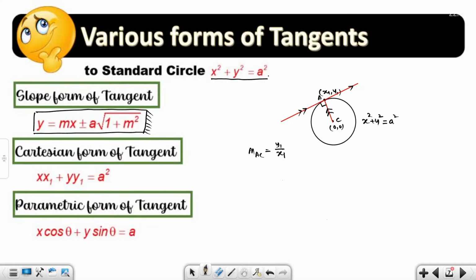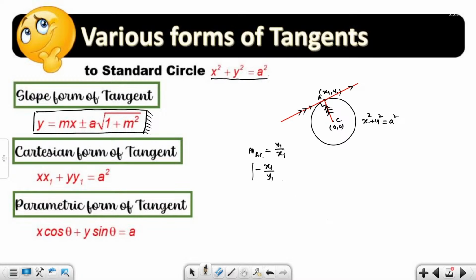Now, if the slope of AC is y1 over x1, then definitely the slope of the tangent is minus x1 over y1. Why? Because this line AC and the tangent are perpendicular to each other. Therefore, the product of their slopes will be equal to minus 1.